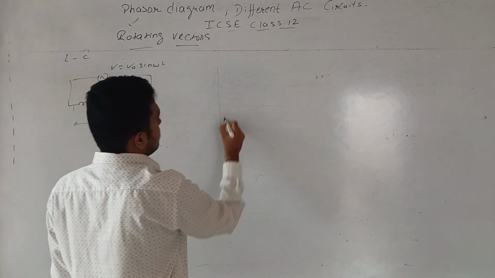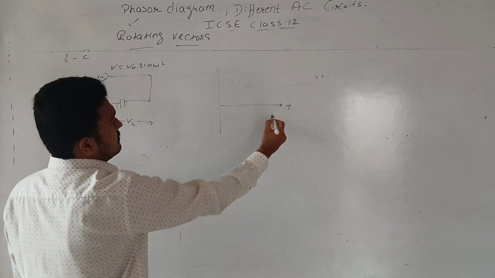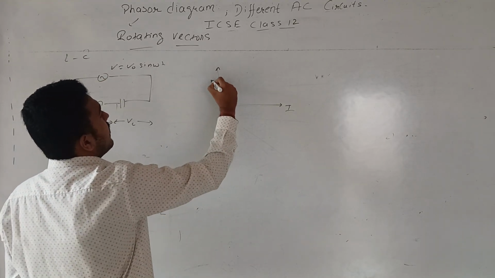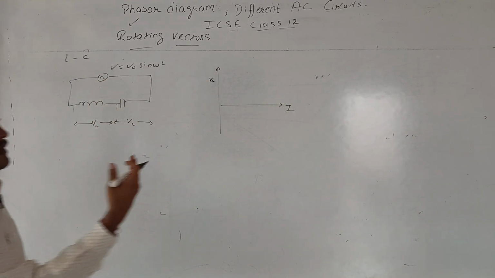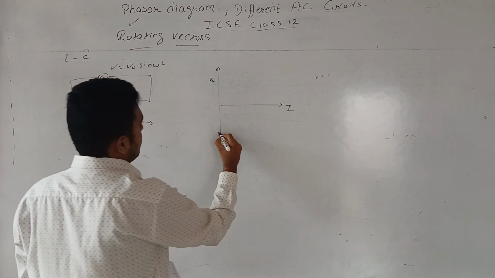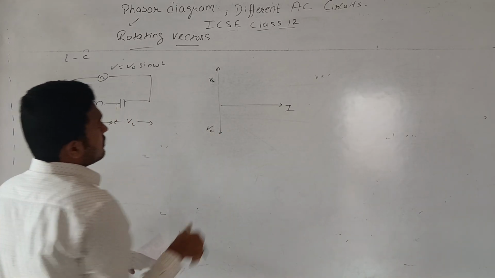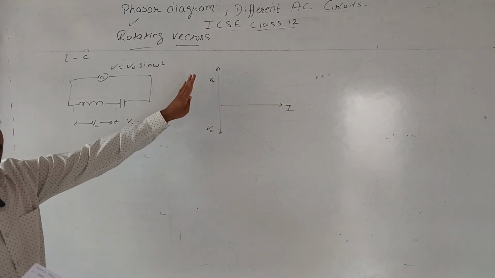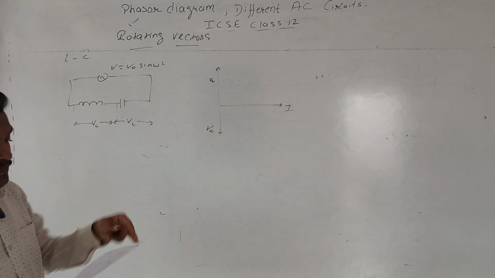The phasor diagram: let this be the current. We know VL is leading the current by 90, so this will be VL, and VC is lagging behind by 90, so this will be VC. VL and VC are parallel and opposite to each other.